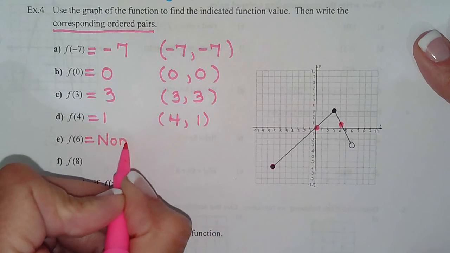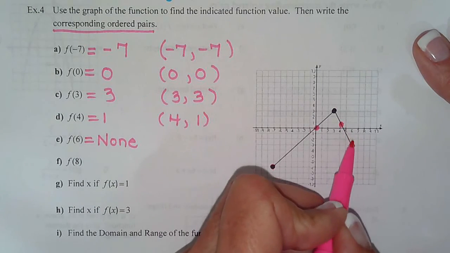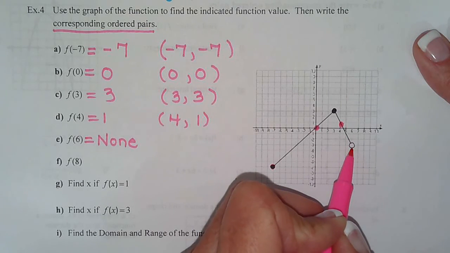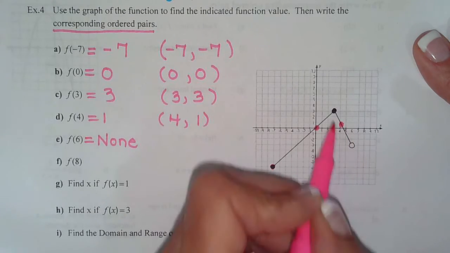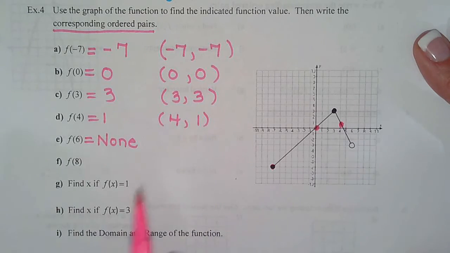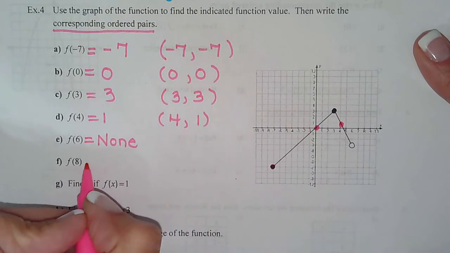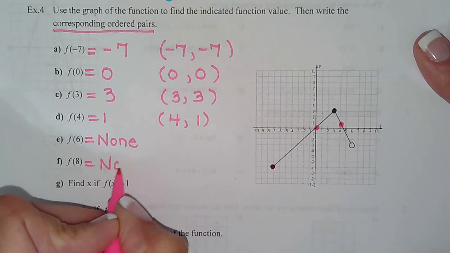Remember when we did this on the other page? None. That means there is no point at 6. It's an open circle saying, don't count me as a point. This line goes up to there, but stops before it hits 6. Same thing with 8. There's no graph at 8, so we'll write none for 8 as well.